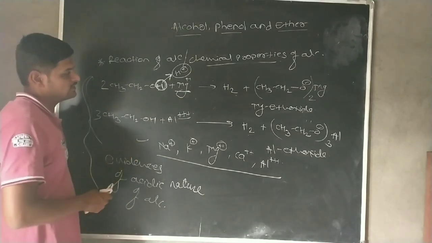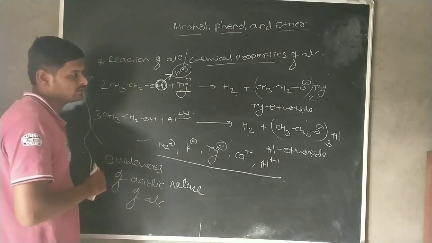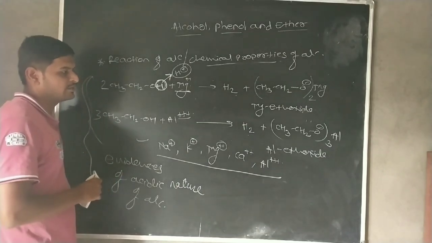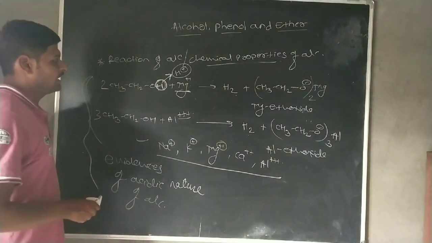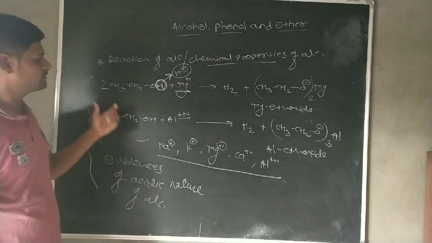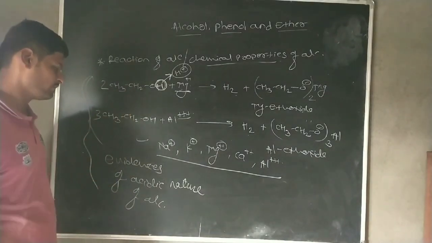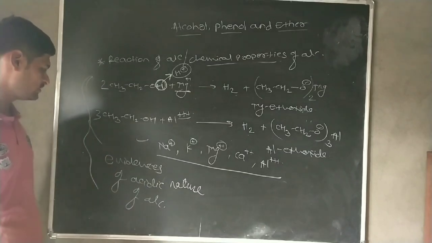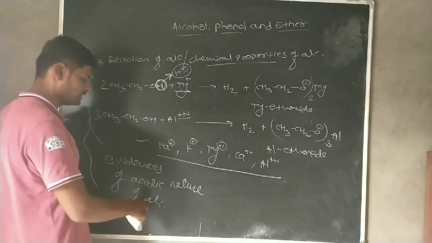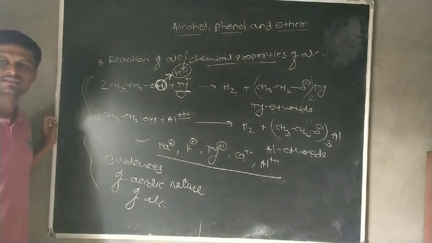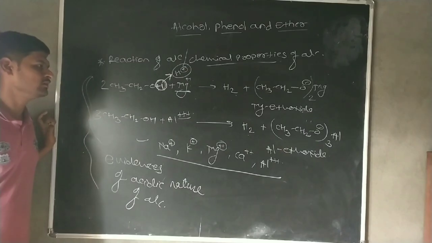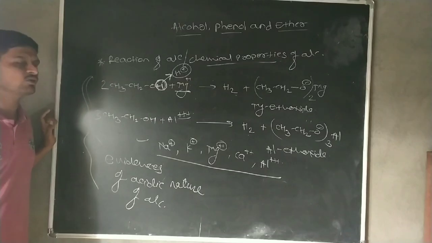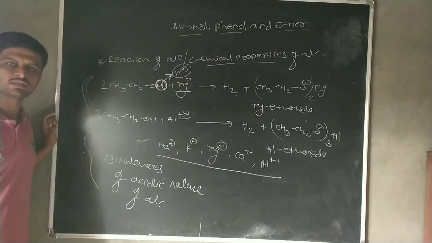The first reaction is when alcohol is reacted with metals and forms the respective alkoxide ion, and this reaction of alcohol with metal is evidence to determine the acidic nature of alcohol. This is the most important point for the chemical properties or reactions of alcohol. Okay guys, thank you.